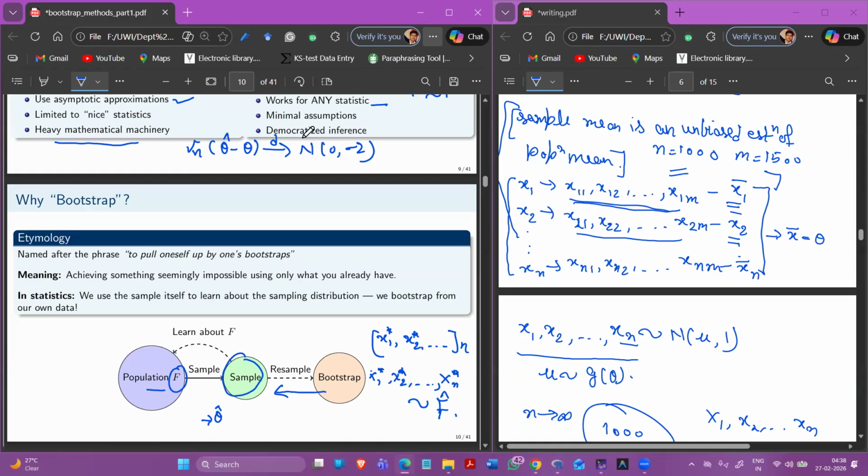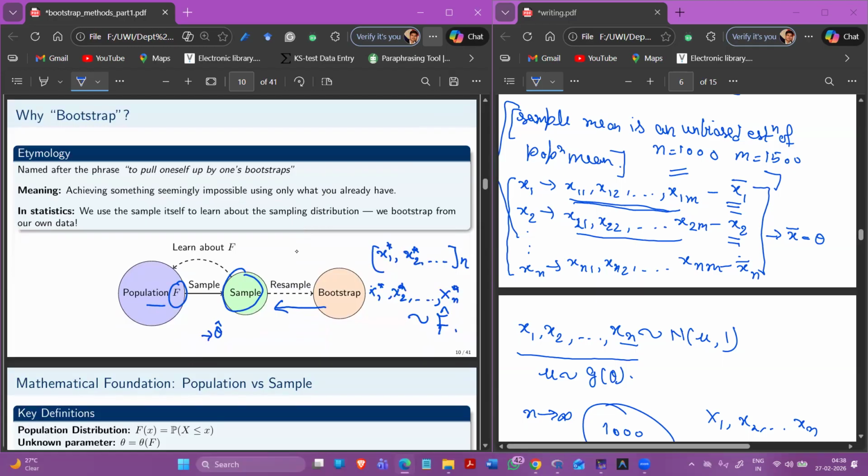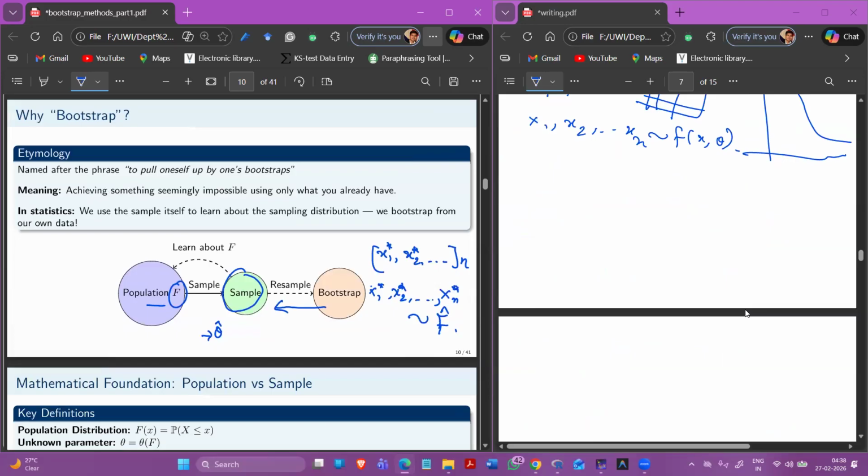So as I showed you in the R code, what we did at that time was take a sample from our sample again and again, and each time we found the sample mean.